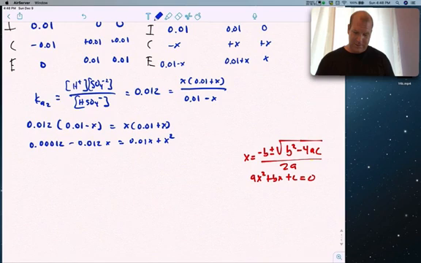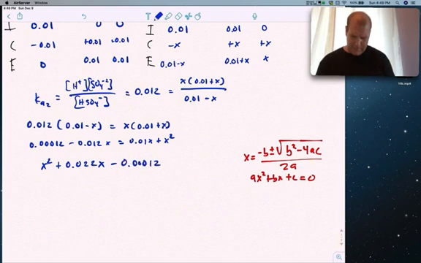Now we have to get the other variables on the other side. So this is going to be x squared, and we add the 0.012 plus 0.01, giving 0.022x, minus 0.00012 equals 0.